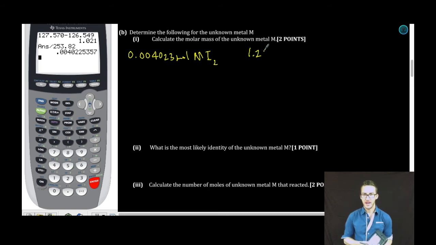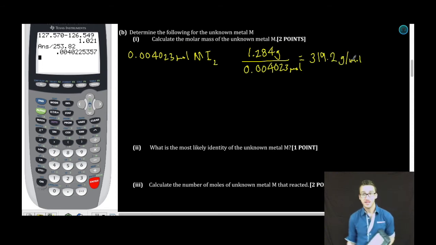By taking that mass of the compound, 1.284 grams, and dividing it by the number of moles, I get grams per mole, or the molar mass of my compound, MI2, which in this case is 319.2 grams per mole. Now, keep in mind we're asked to find the molar mass not of the compound, but of the unknown metal. So let me clarify that this is the molar mass of my compound.